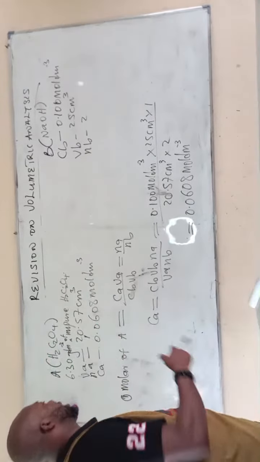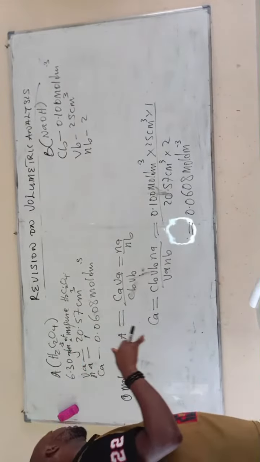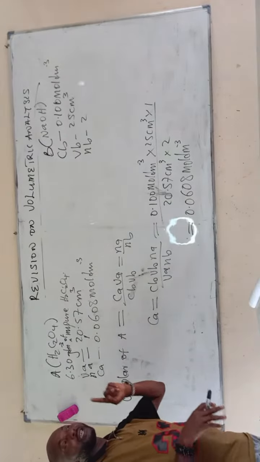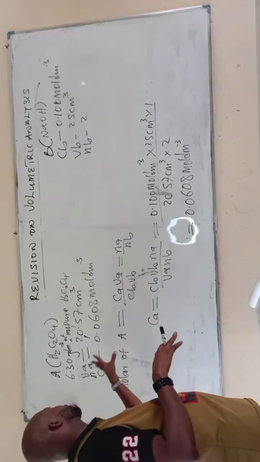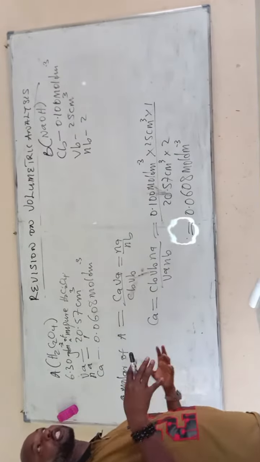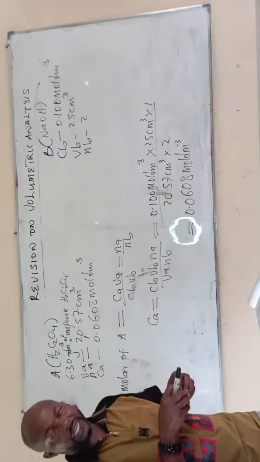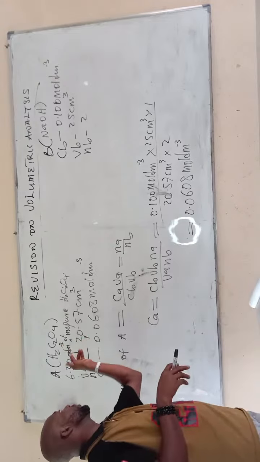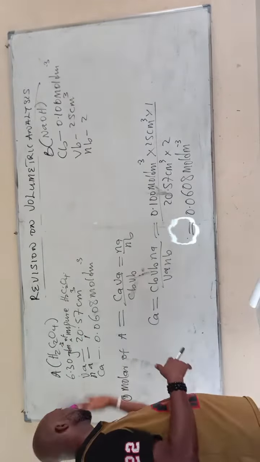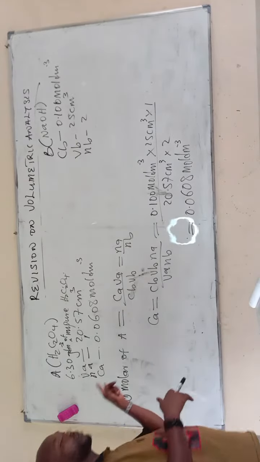But remember, the mass concentration of pure must be lower than that of impure. Anytime your mass concentration of pure is higher than that of impure, then you're wrong, because a substance containing impurity includes the mass of those impurities. By virtue of that, it should be lower when it is pure, because the impurity must have been removed. So let's find out if that is true.